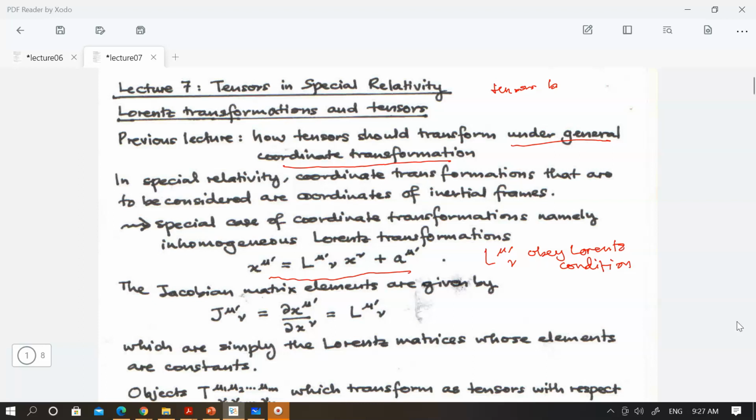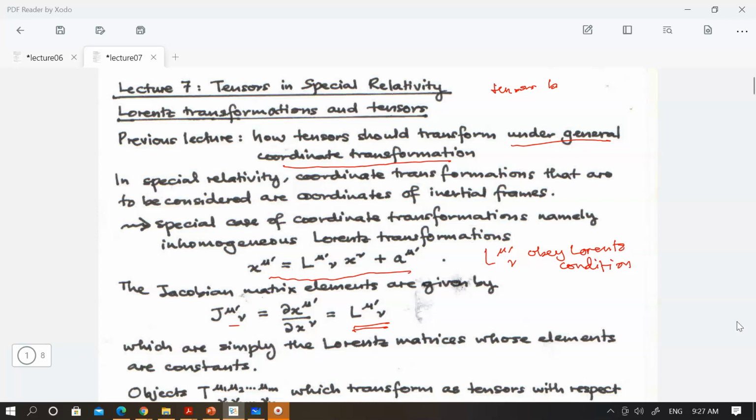What's going to happen is it's just going to pick out this particular matrix of the Lorentz transformation. So your Jacobian now is essentially your Lorentz matrices, and your Lorentz matrices are simply constants. They cannot depend on your x coordinates anymore because it's going to be linear.